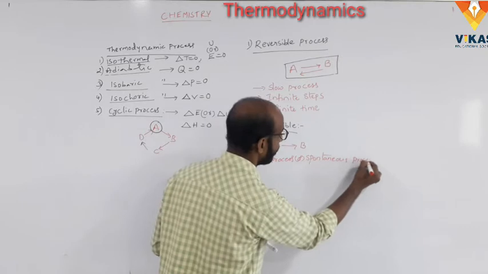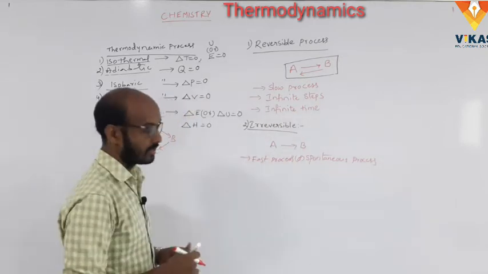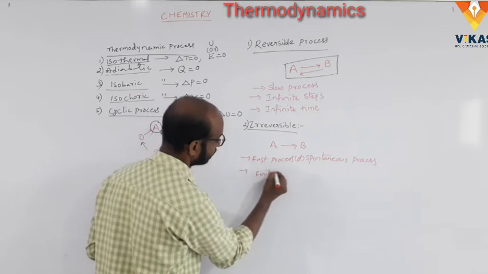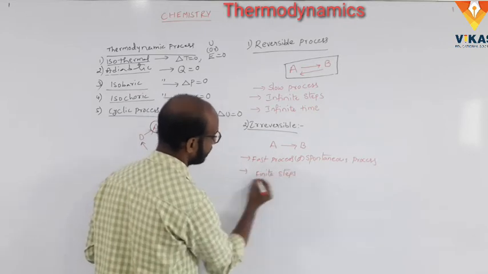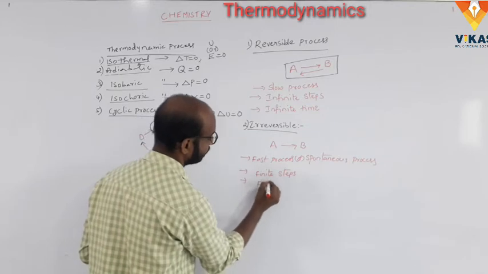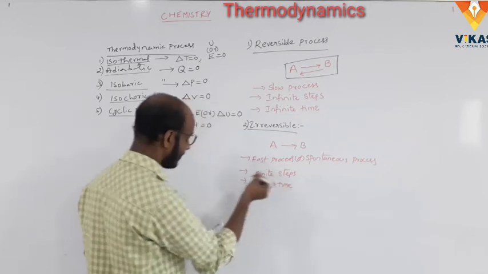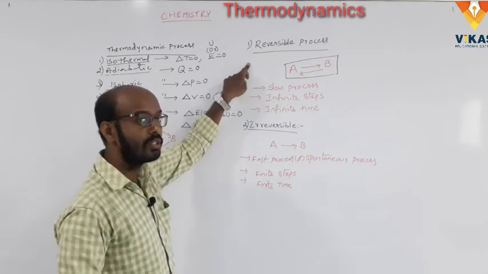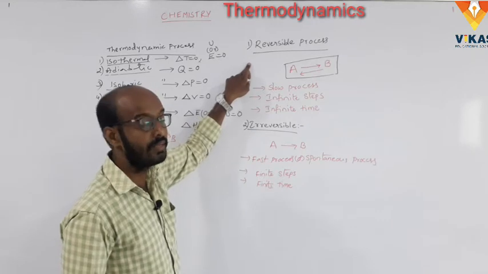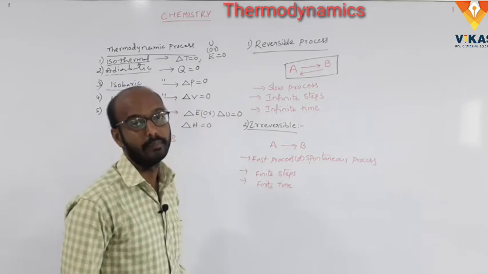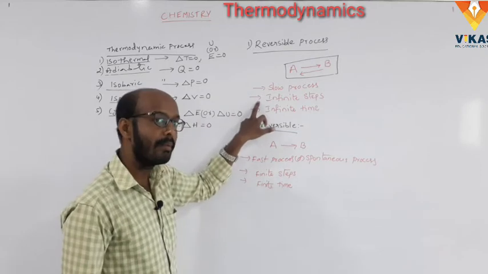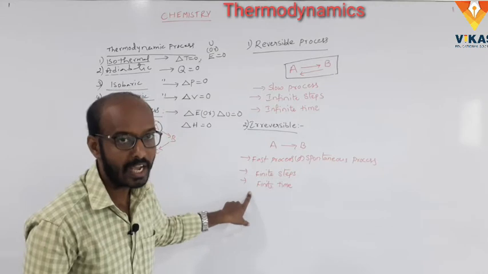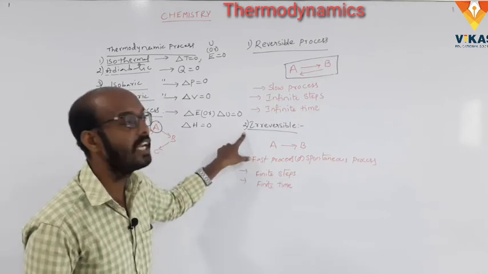It involves finite steps and finite time. There are fixed steps and fixed time. But in the reversible process, there are infinite steps and infinite time, the time and steps are not fixed. But here, finite steps, finite time, fixed time, fixed steps. That is called the irreversible process.